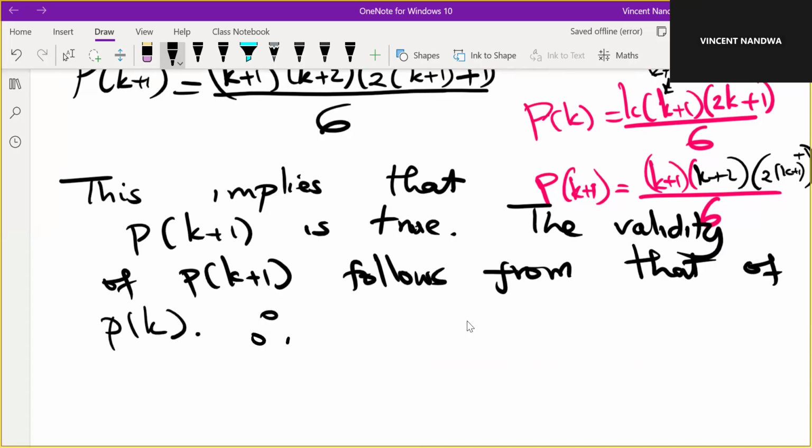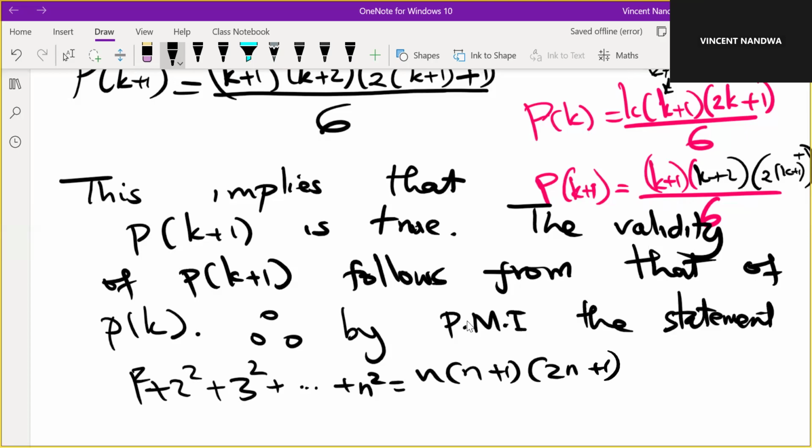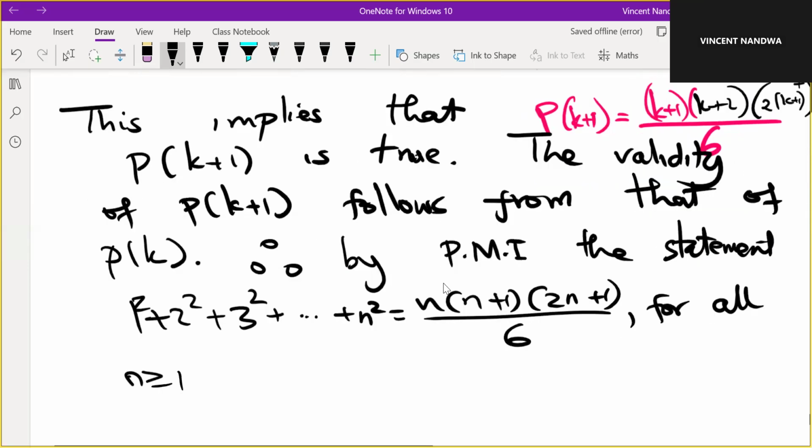So therefore, by principle of mathematical induction, the statement 1 squared plus 2 squared plus 3 squared all the way plus n squared equals n into n plus 1 into 2n plus 1 over 6 for all n greater than or equal to 1 is true.